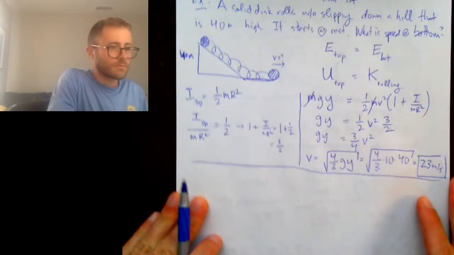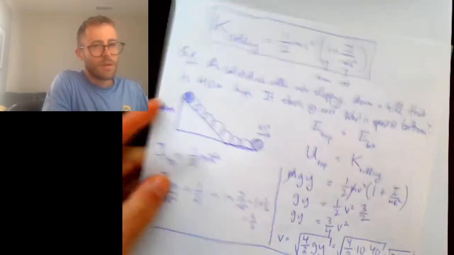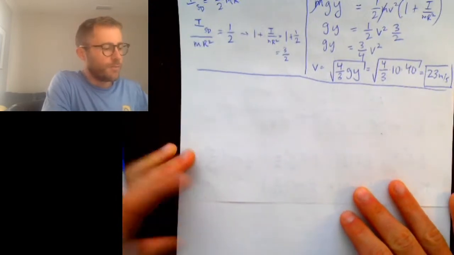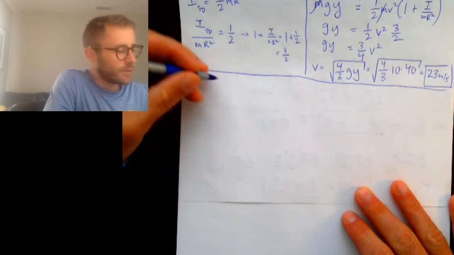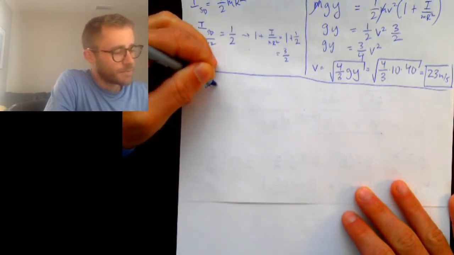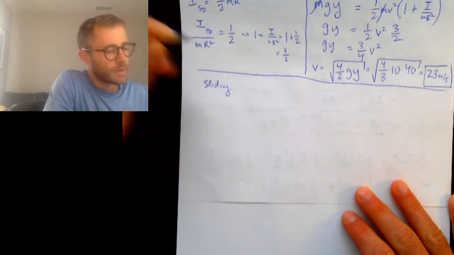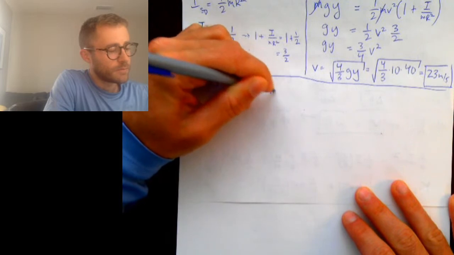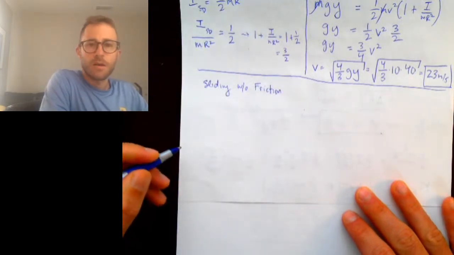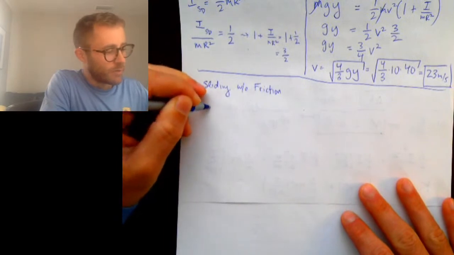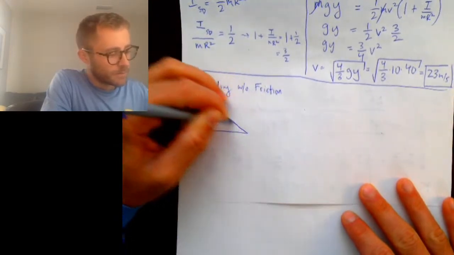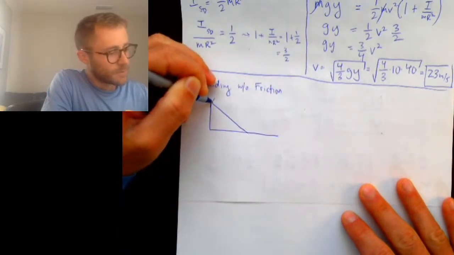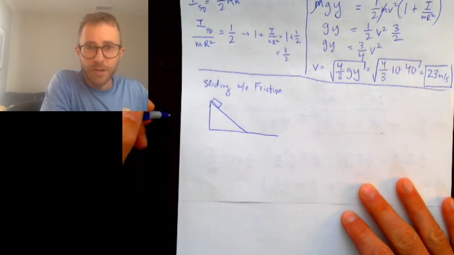So one last thing I wanted to talk about today, which is let's suppose we have something that is sliding without friction. Okay. So something is sliding without friction. So kind of like a skier maybe.